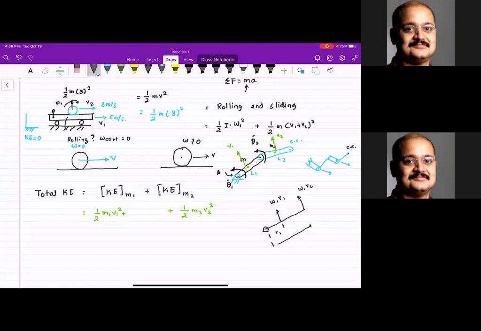What happens with angular velocity? Omega is remaining the same. Omega 1 is constant.